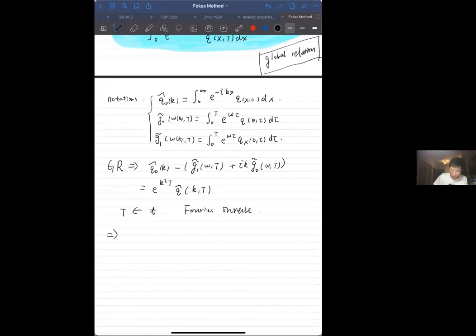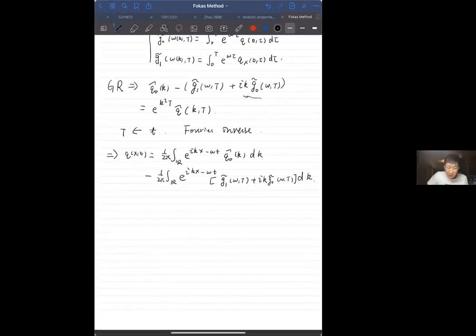You actually get q(x,t) equal to 1 over 2 pi the integral of e to the ikx minus omega t q naught hat k dk, minus 1 over 2 pi the integral of e to the ikx minus omega t times g1 omega t plus ik g0 omega t dk.